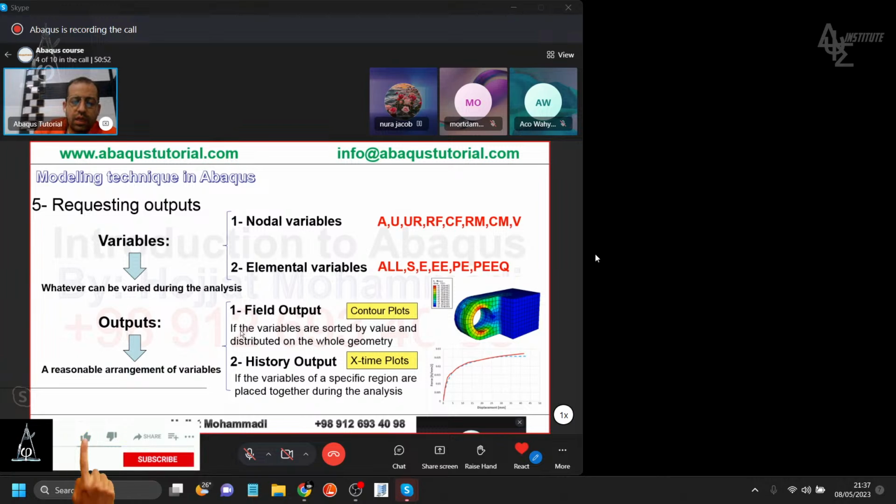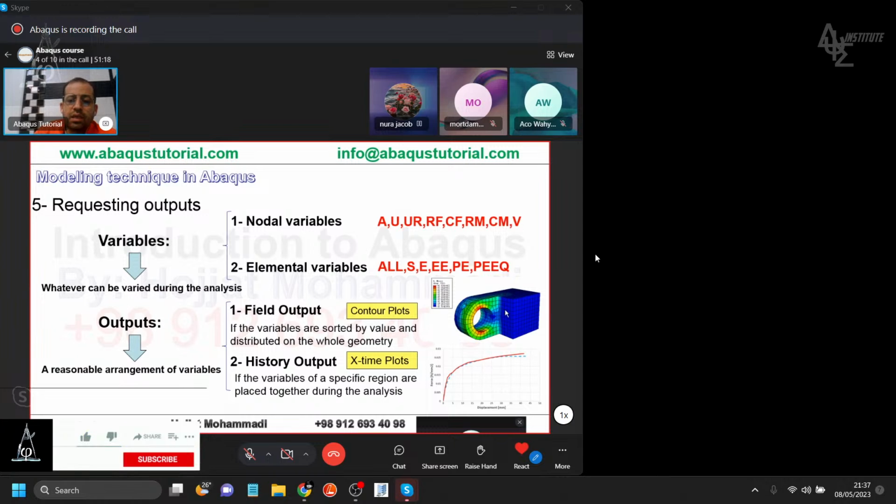The field output means that the dependent variables are sorted by value and distributed on the whole geometry, as you can see in the figure. For example, the stress contour plot is a kind of field output.